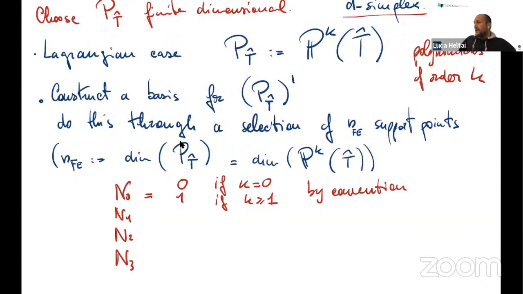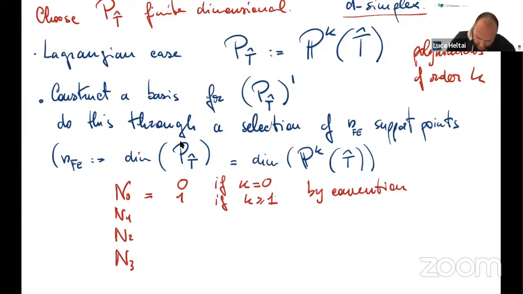You only have one degree of freedom if there is a degree of freedom associated with the given vertex. And this only happens by convention if you have degrees of freedom associated to vertices. So the number of degrees of freedom that we can associate to a vertex is equal to 1 if K is equal to 1 or higher and is equal to 0 otherwise. And this is just a convention to generalize the discussion about choosing the support points in the general case.